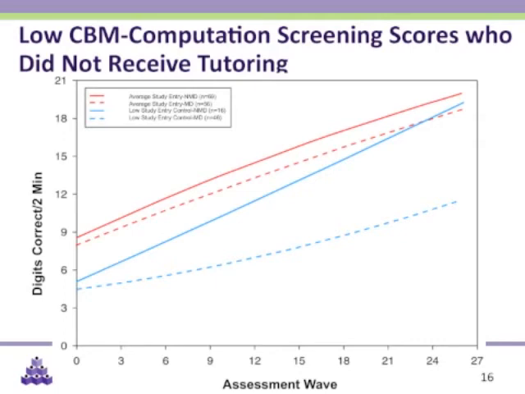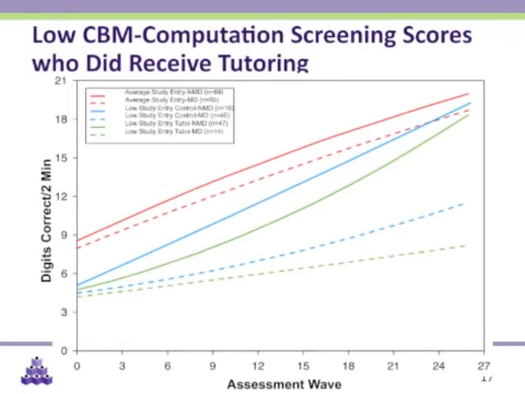But then we have a larger group of 46 students who failed the screen at the beginning of first grade and, in fact, developed inadequately during first grade. And by the end of second grade, a very high proportion of students in that dotted line turn out to have a math disability. Now, we have two lines like that.